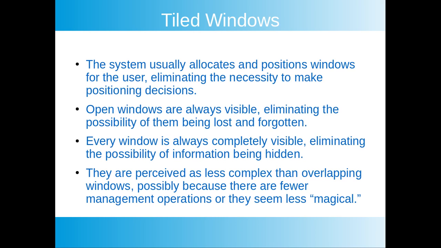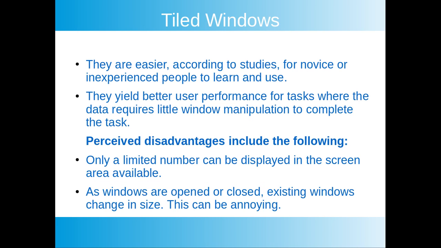They are perceived as less complex than overlapping windows, possibly because there are fewer management operations or they seem less magical. They are easier, according to studies, for novice or inexperienced people to learn and use. They yield better user performance for tasks where the data requires little window manipulation to complete the task.